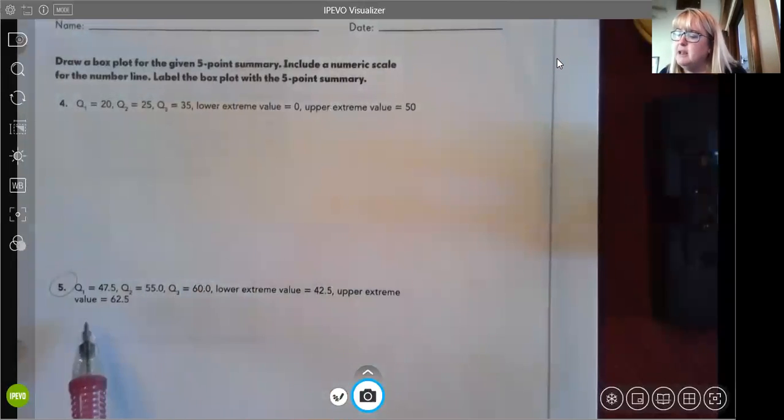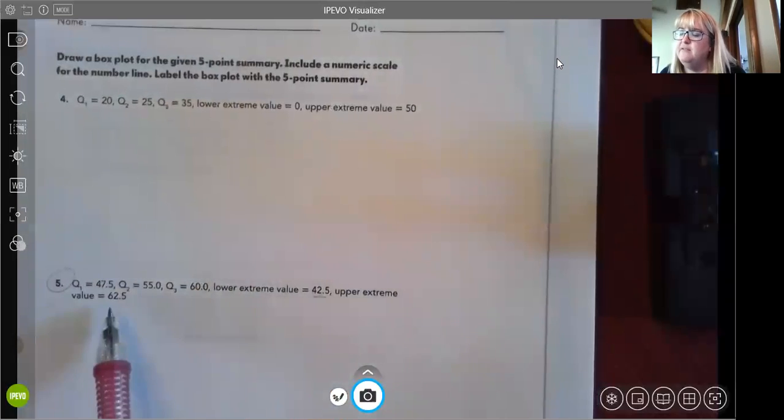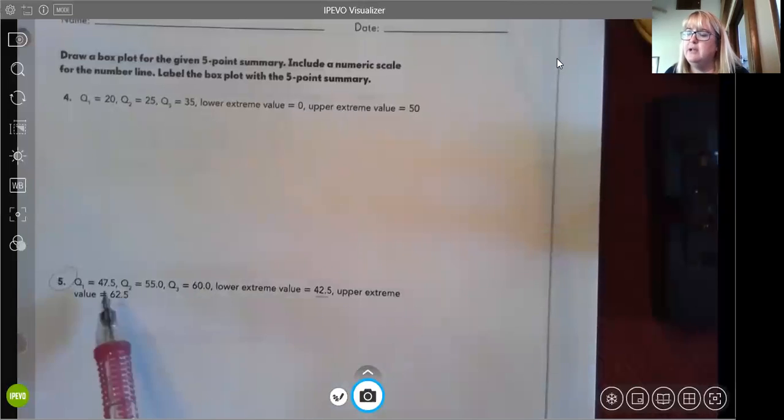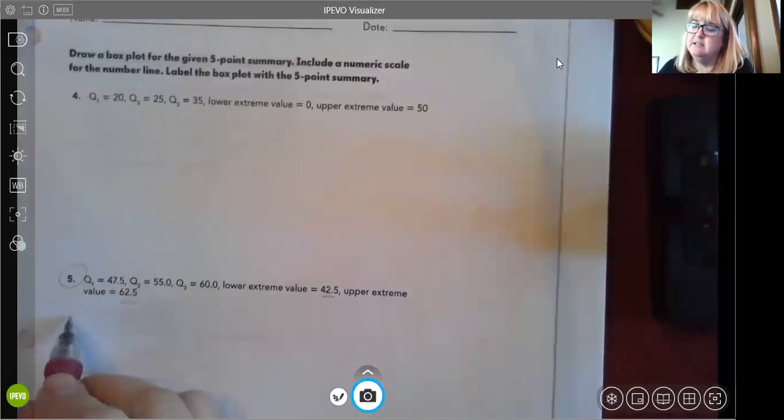So I am looking at my lower and upper. I need my number line to go from 42.5 to 62.5, okay? That is going up like 20 points. Okay, how do I want to write?